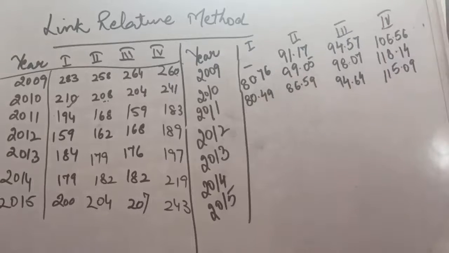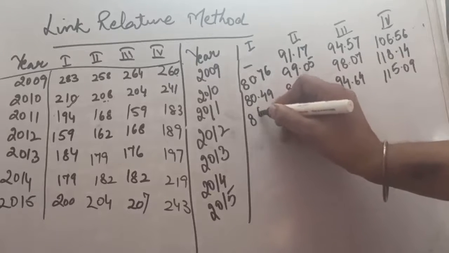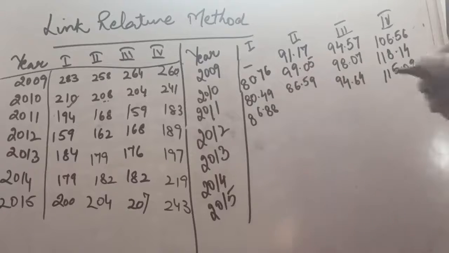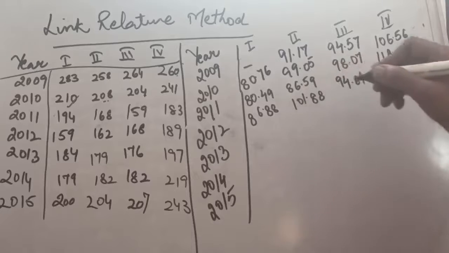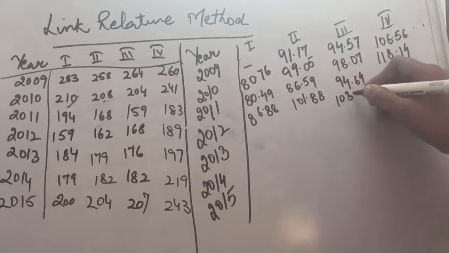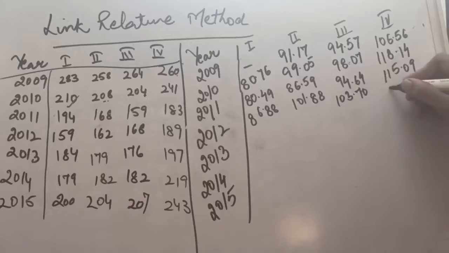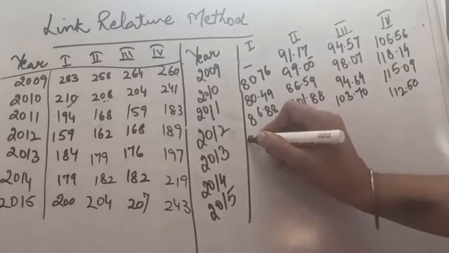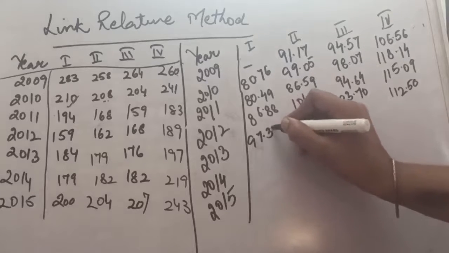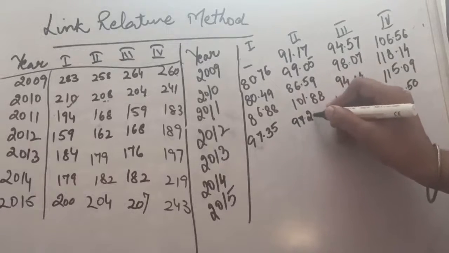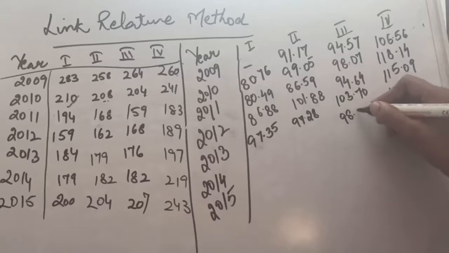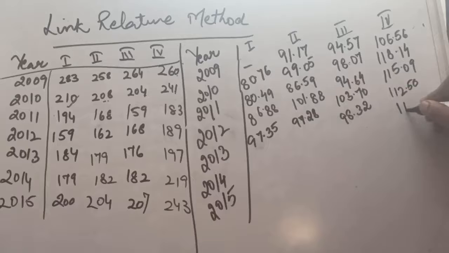For 2012, the first value will be 86.88, then 101.88, 103.70, 112.50. For 2013, the values will be 97.35, 97.28, 98.32, and 111.93.